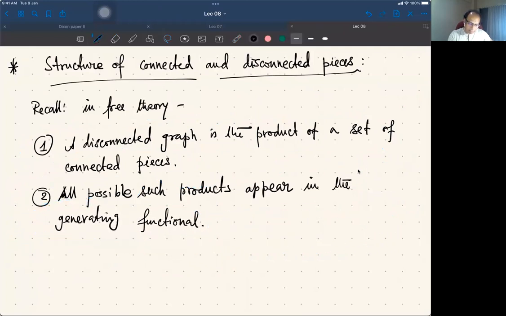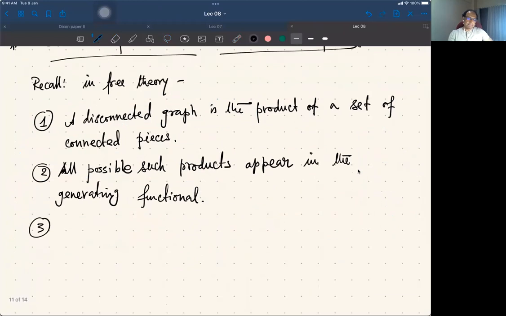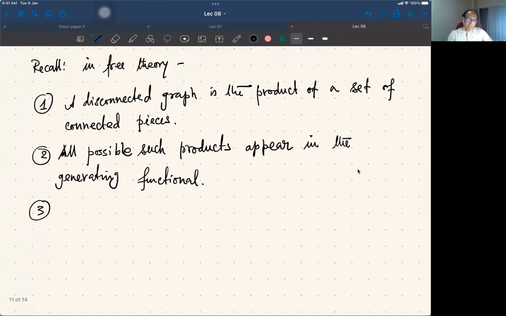Number 3 is that if you have in a disconnected graph a product of identical connected pieces, then that has a symmetry factor of 1 over factorial n, right?